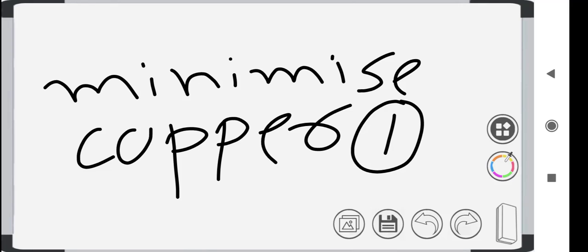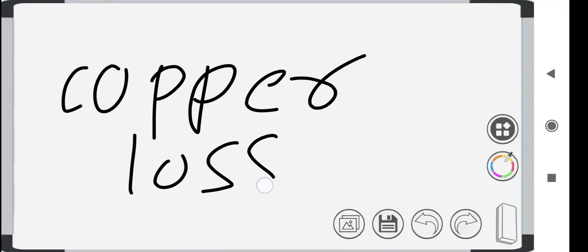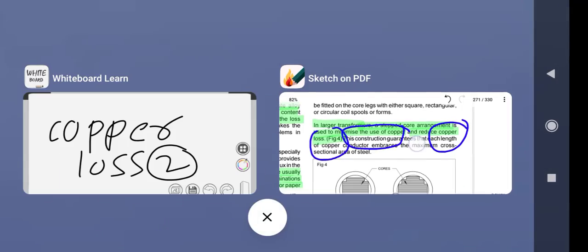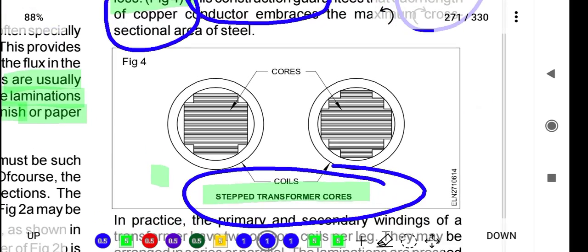Point number 1, to minimize the use of copper. The second one is to reduce the copper loss. Because of these two reasons, stepped core transformers are used. Okay friends, this is clear.